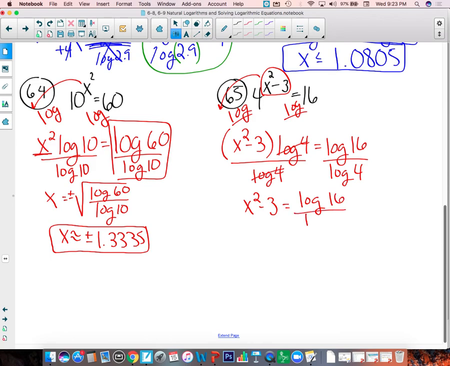And I'm going to try to work through these all the time where I don't use my calculator until the very end with the logarithms. You could change these to decimals right here if you wanted to, but I'm not going to. All right? I'll do it at the very end. So next step, just add that 3. It's going to cancel over here. Then we would have x squared equals all of that stuff right there.